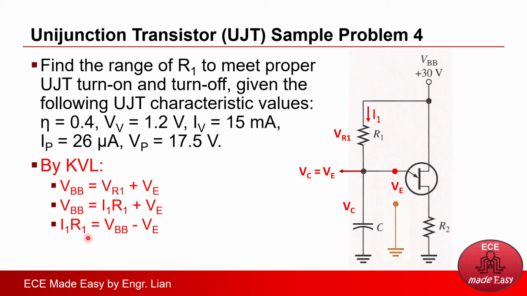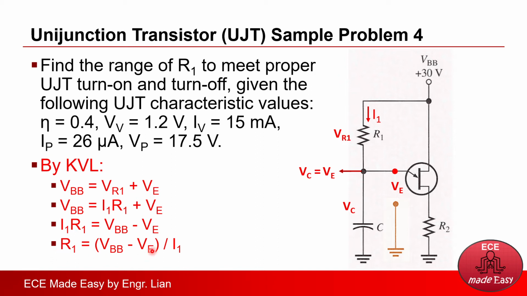And if we divide by I1, we derive the formula for R1, which is equal to VBB minus VE over I1. Now, we are looking for a range of R1, which means it should not be a single value. It should be a maximum and a minimum value. Therefore, we must check conditions for R1 for it to become either minimum or maximum.